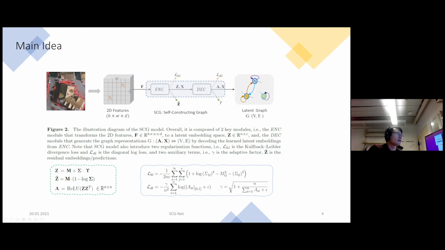We also introduced two regularization terms to guide the learning process, to make it smoother. And we also introduced one residual term, defined as here, to fuse together with the final prediction from the graph model. In this way, we can refine the final predictions.